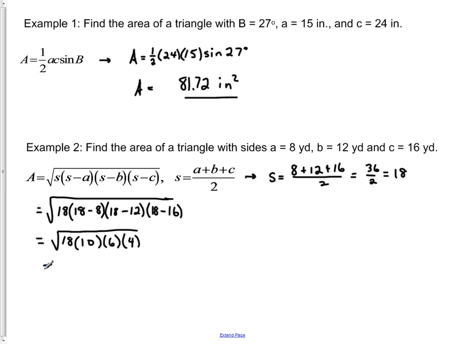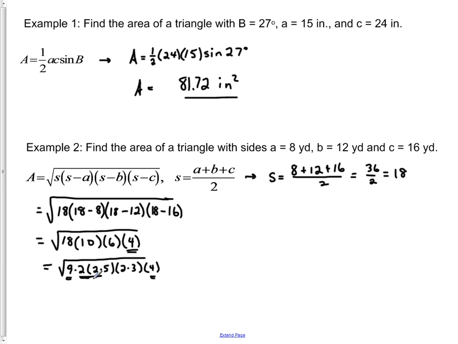And let's do a little bit of arithmetic here because we know how to do this kind of thing already. Well, 4 is already a perfect square, so I can remove that. I also know that 18 is made of 9 and 2, and that 10 is made up of 2 times 5, and that 6 is made up of 2 times 3. So we've got times 4 right here. Let's see what we can remove. 9 is going to come out. 4 is going to come out.